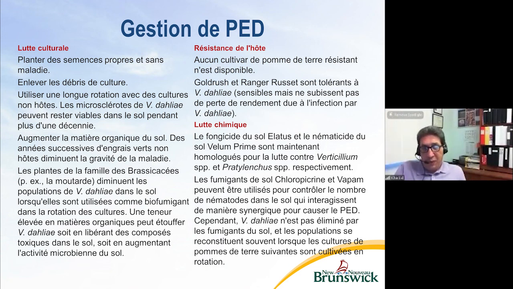What we noticed was that over time, Verticillium can build up. It doesn't get eliminated totally, but the amount is reduced. But then the next season, the level of it builds up again once you plant potatoes or a favorable host crop.